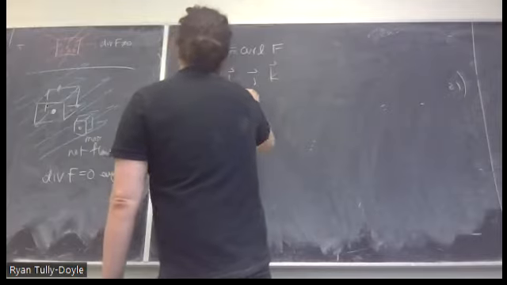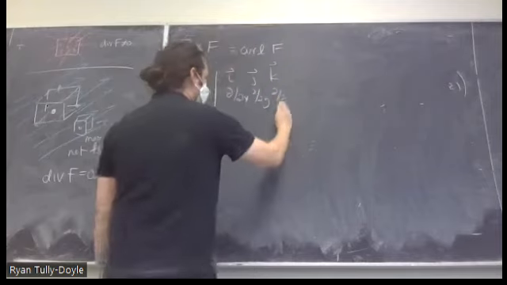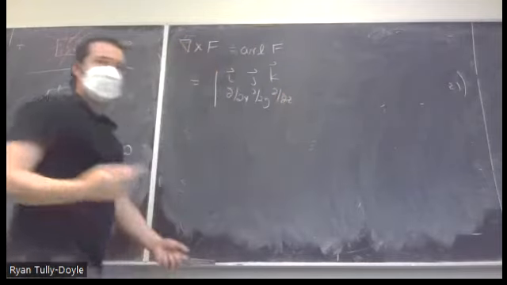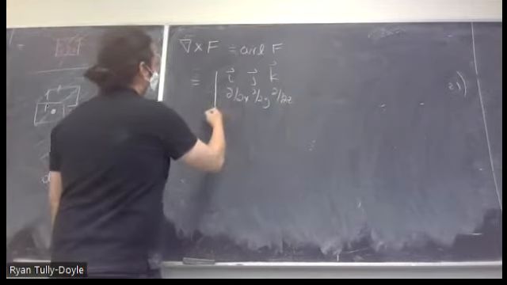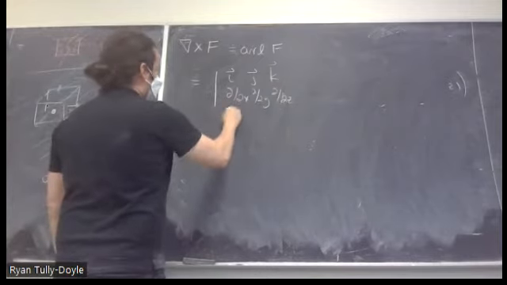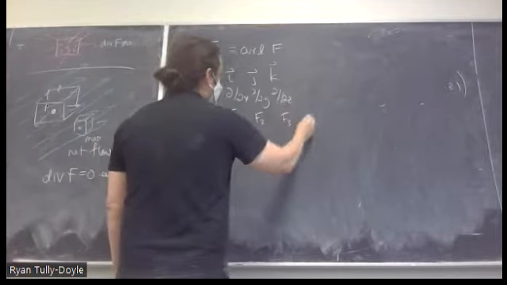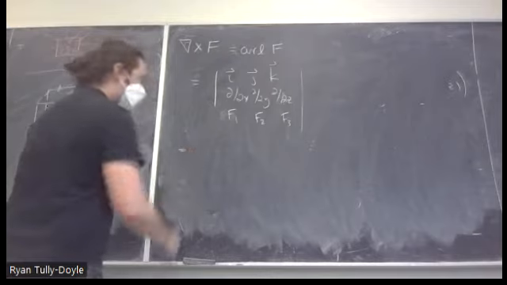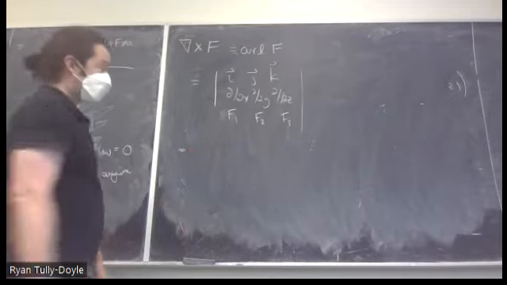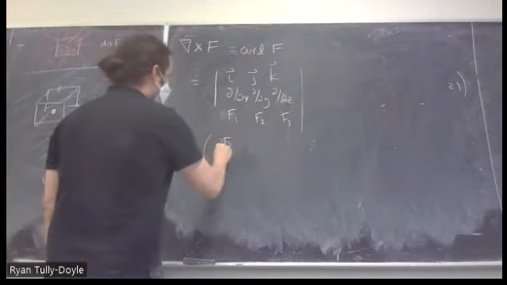Now, please, for the love of God, do not memorize this. Don't memorize the actual computational formula for curl. So, we're going to put F1 right here, F2 right here, and F3 right here. Okay. Now I'm going to write this out one time. You don't have to. I times df3 dy.